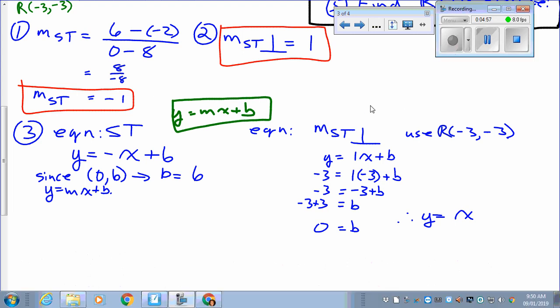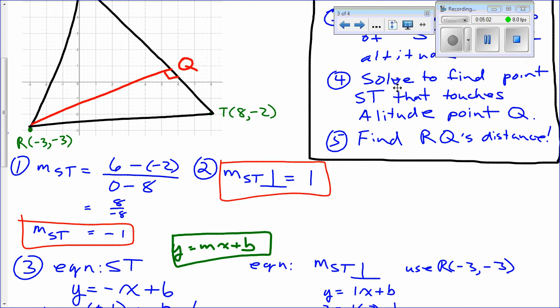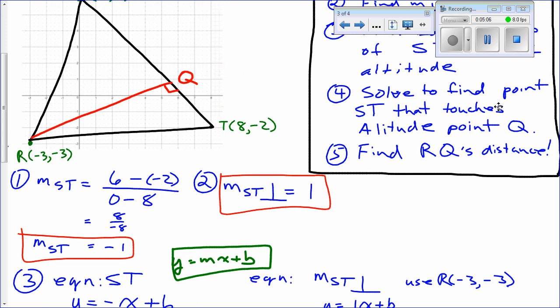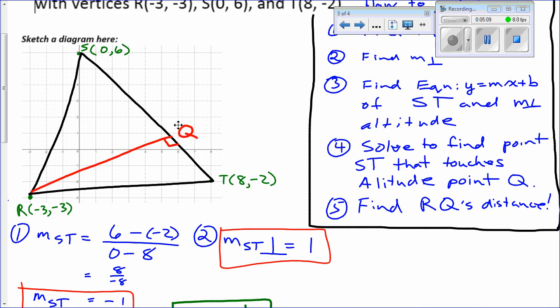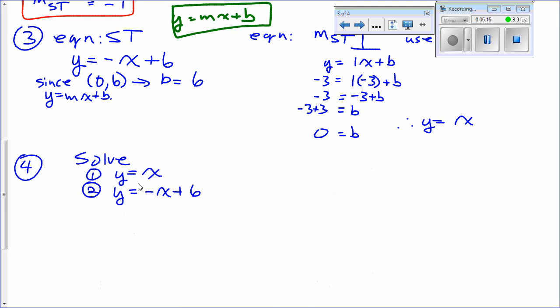So after we've completed part 3 of our problem, we have to solve to find the point where ST touches the altitude, and we're going to call that Q. In this case, instead of substitution, I'm going to do elimination to remind you how to do that. I'm going to label equation 1 and equation 2. Equation 1 is y equals x.